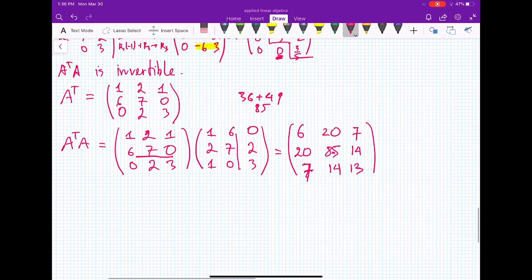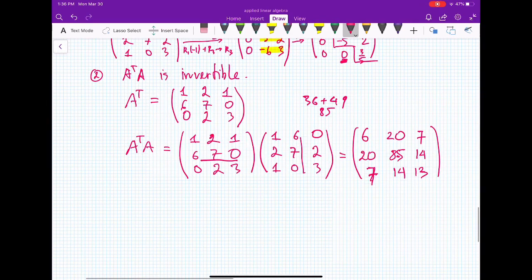So once you have A^T A, you can find the inverse of A^T A. All right. So you can use a calculator. Let me show you how to do that using some resources on the internet. Okay.